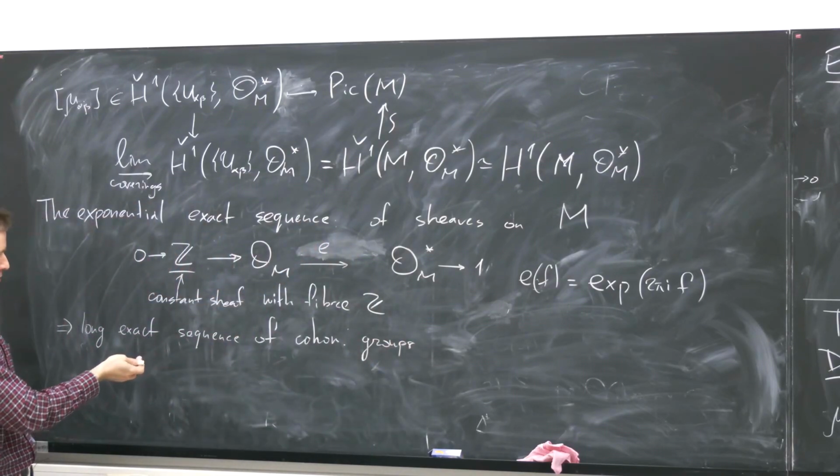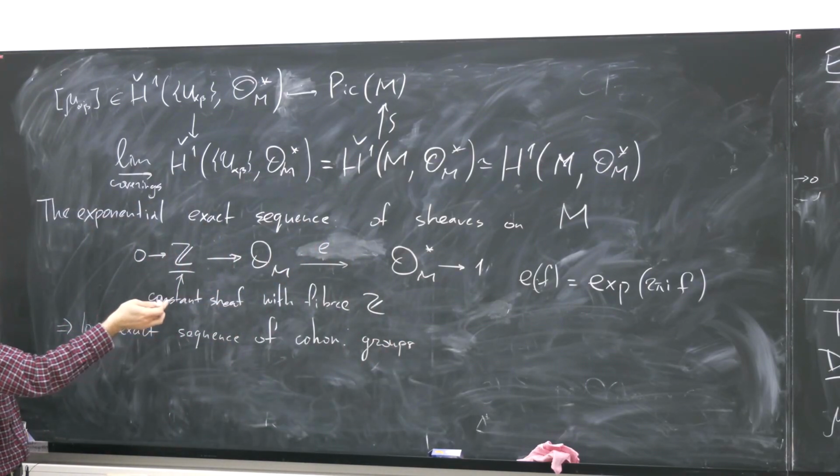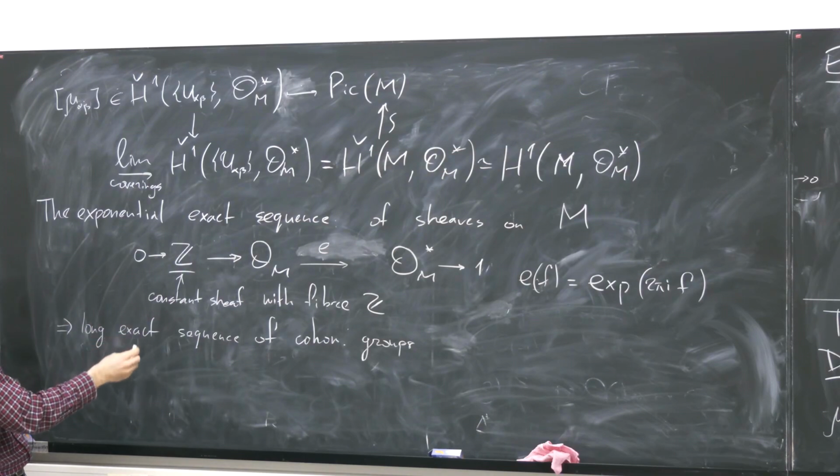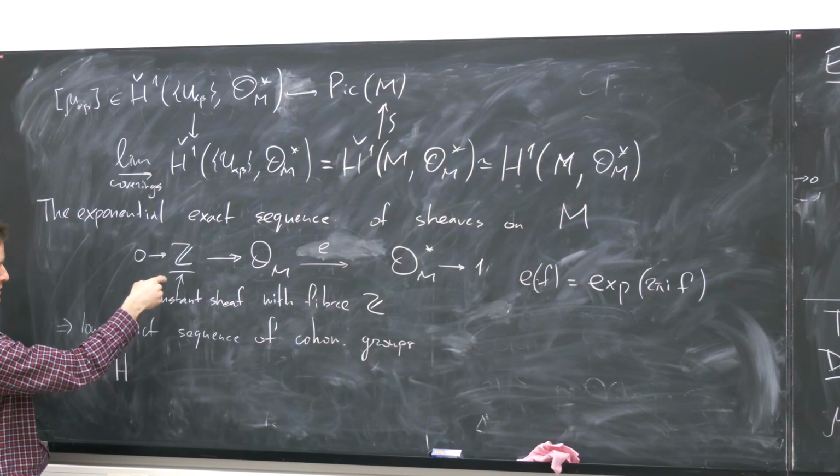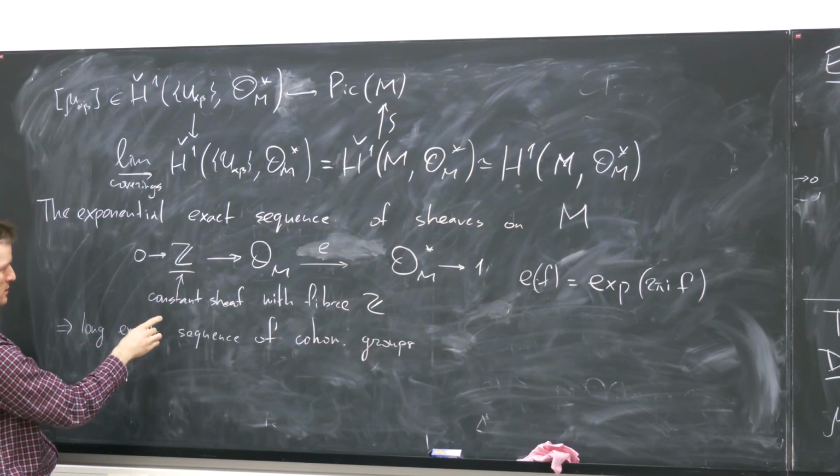Okay, so that's the sequence, and then I get the long exact sequence of cohomology groups. I take sheaf cohomology, so I will not write this whole sequence, but only one piece, which includes the Picard group.